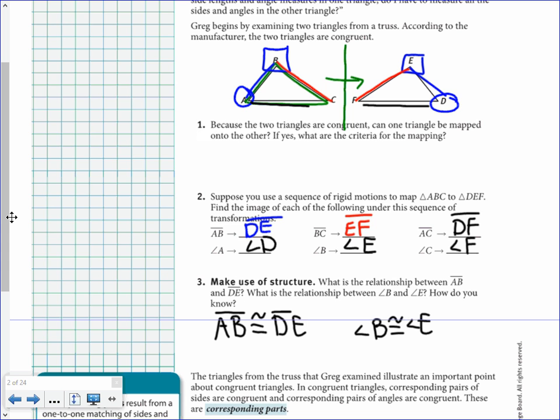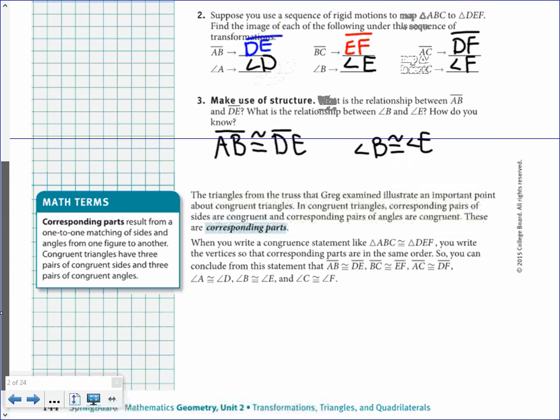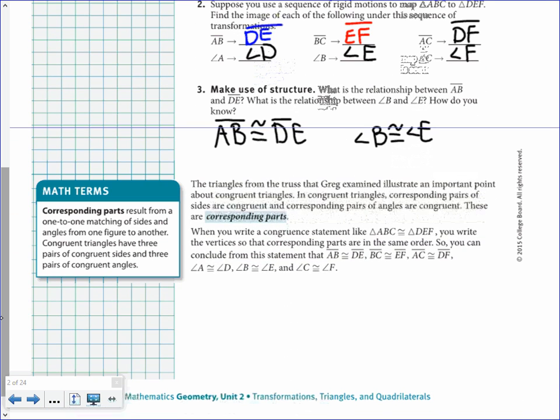So that brings us to this next part. Talking about a new term, corresponding parts. So the triangles that we were just examining from the truss are going to illustrate an important idea about congruent triangles. In every pair of congruent triangles, if you know you have congruent triangles, your corresponding pairs of sides are going to be congruent. Likewise, your corresponding pairs of angles are going to be congruent.